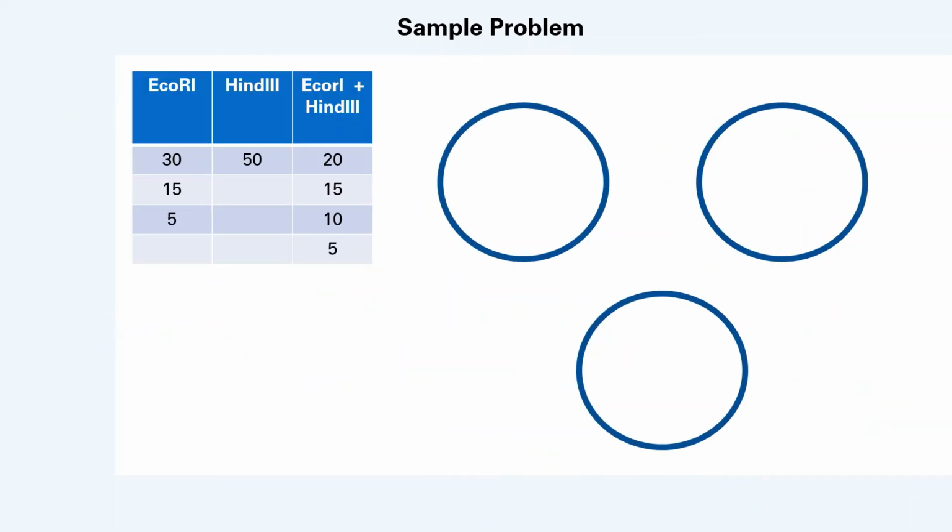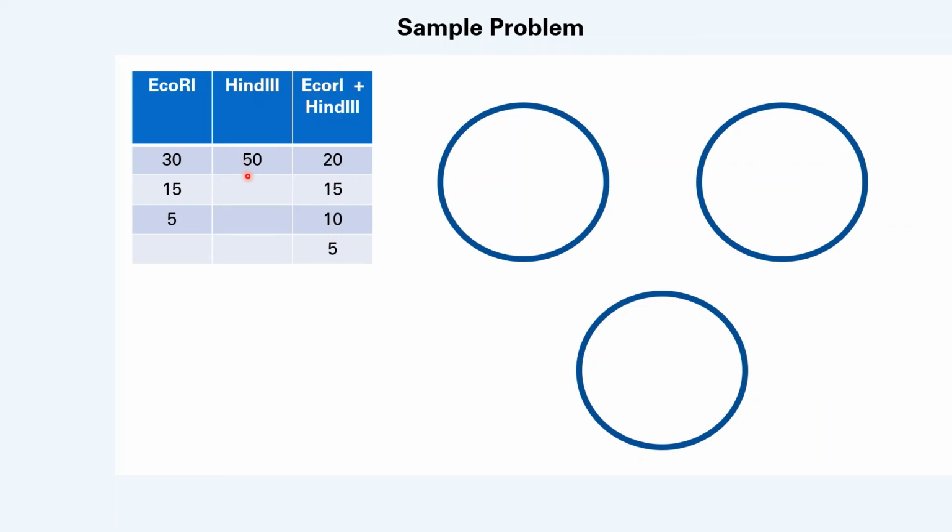So on this slide, we have an example of various different band sizes given for each of the restriction enzymes. If you notice, EcoRI has three segments, HindIII has one segment, and when you have a double digest with EcoRI and HindIII, you have four segments.